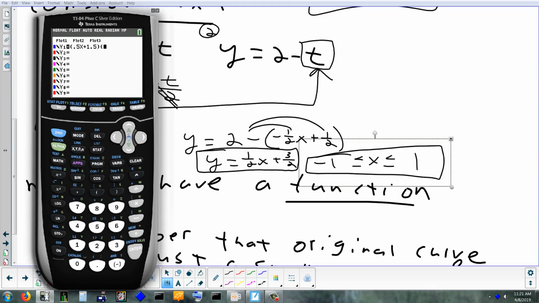You got to type it as two separate ones like this. X is greater than or equal to -1. That's the first condition. And the second one, x stops at 1. X is less than or equal to 1. So now you've told the calculator what to draw, and you've said from here to here.